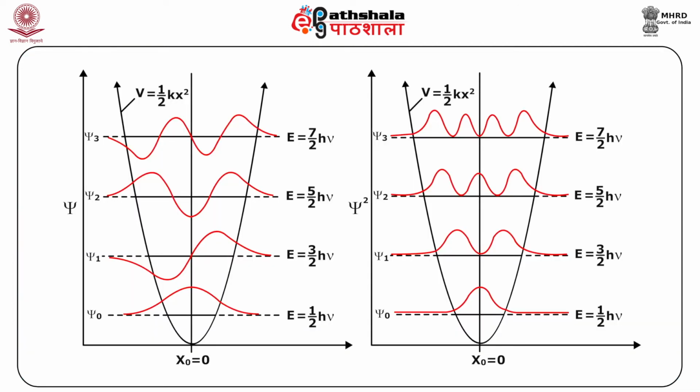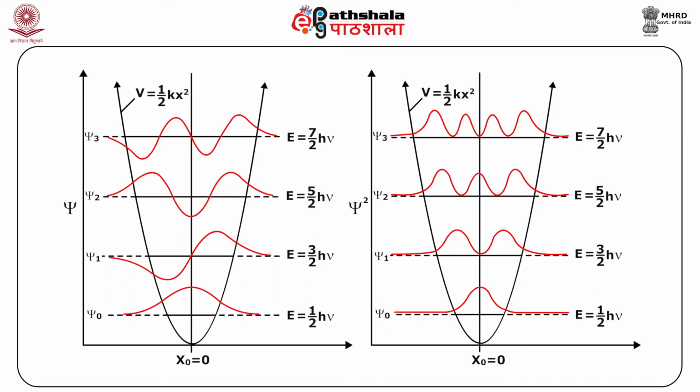We have also shown a diagram where you can see the plots of the harmonic oscillator normalized wave functions and the corresponding probability densities. Wave functions are shown on the left hand side, whereas the corresponding probability densities, which are the squares of those wave functions, are shown on the right hand side.